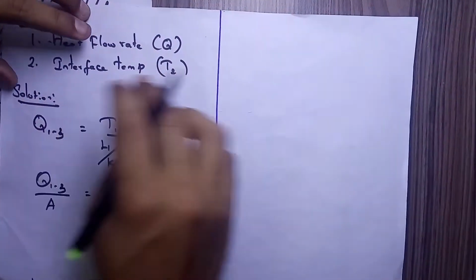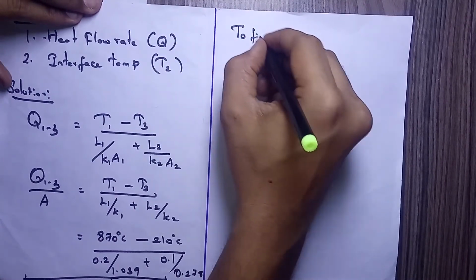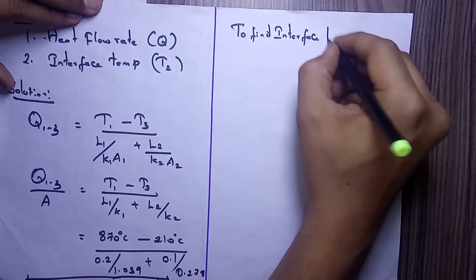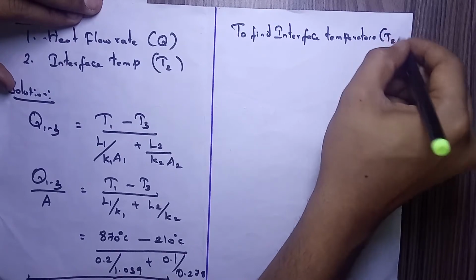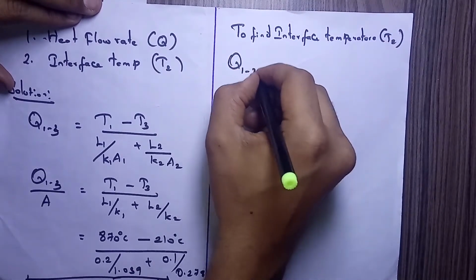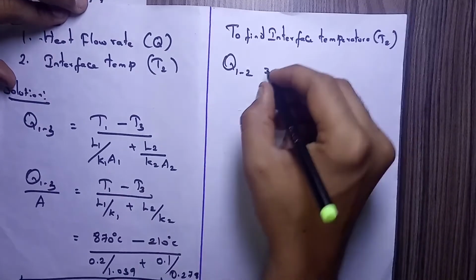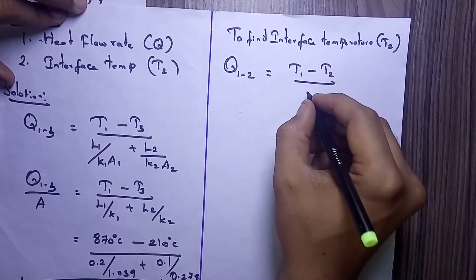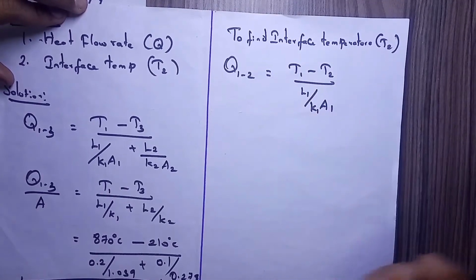So now we are going to find the interface temperature. To find the interface temperature T2, use the same formula: Q of 1 to 2 equal to T1 minus T2 divided by L1 by K1 A1.